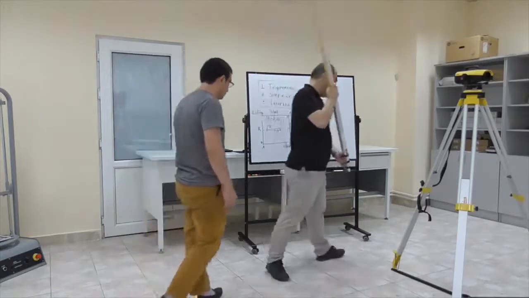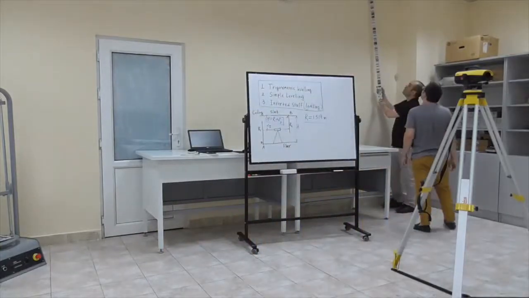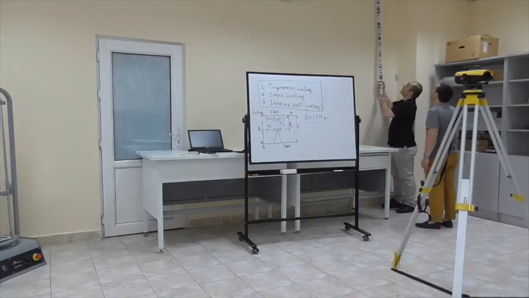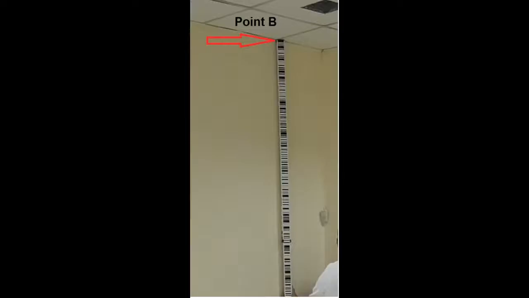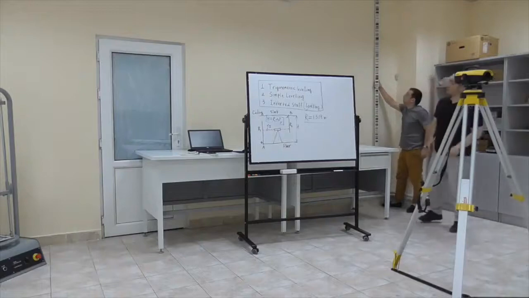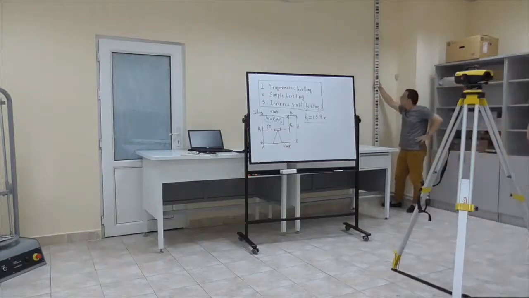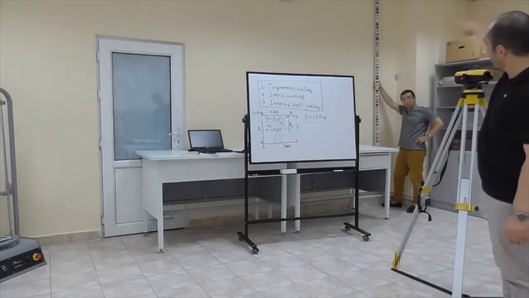Now we bring the staff to point B and hold it like this. So now the leveling staff is on point B, upside down.